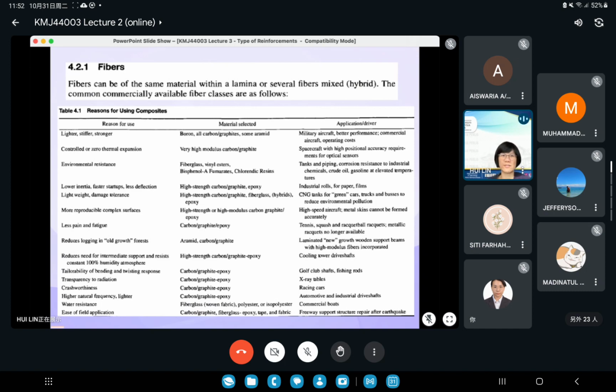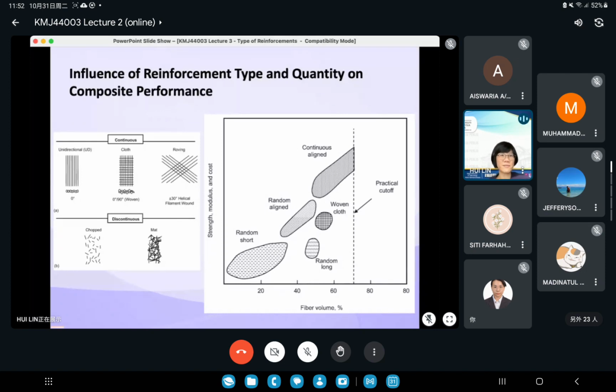They use a lot of carbon fiber in advanced applications. Influence of reinforcement: you see these are some of the examples. There are many factors that influence the properties of these fillers or reinforcement. This is the arrangement of the fiber. You will learn these different types of arrangement of fiber, giving different properties, from Dr. Aslin later on when you learn the laminate composites.